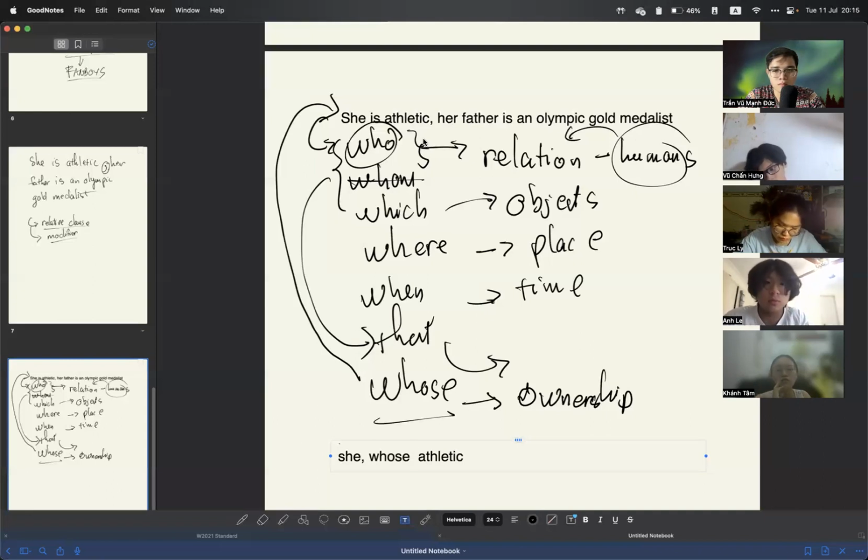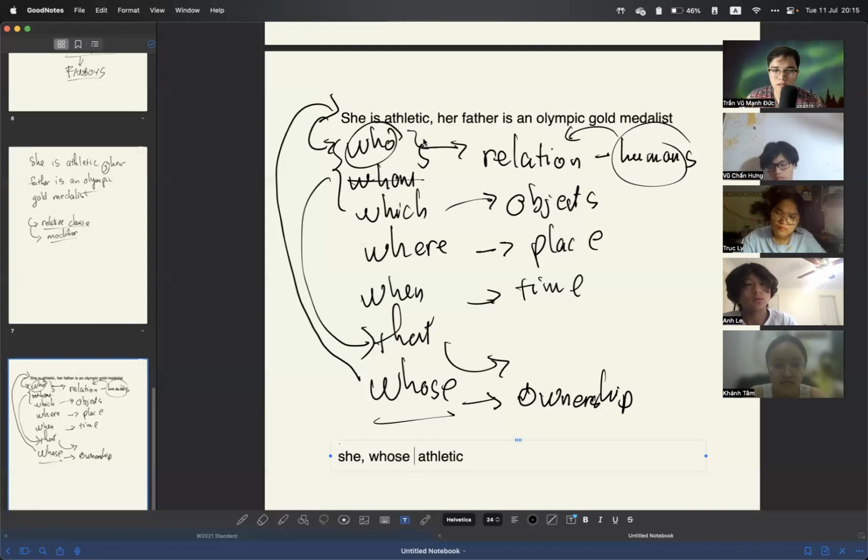She, whose athletic. Wait, can I switch up the sentence? Is that what you're saying? No, you can't really switch up the sentence. That's the opposite of what I'm saying, because you can absolutely rewrite the sentence. I mean, you can basically not paraphrase the sentence, but copy the sentence.